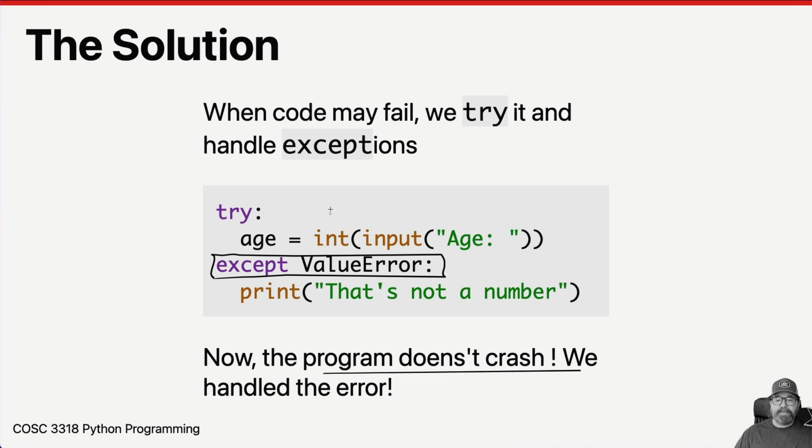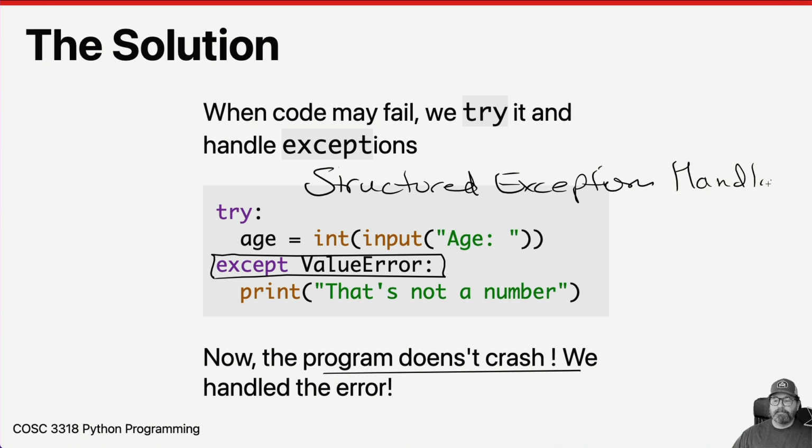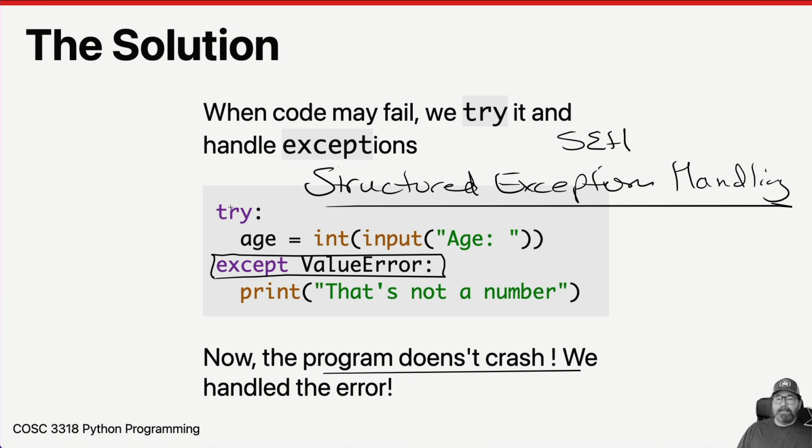This altogether is called structured exception handling, otherwise known as SEH. And the reason why is because this is kind of weird. It's not that we have structure in our code, it's that our exceptions have structures to them.